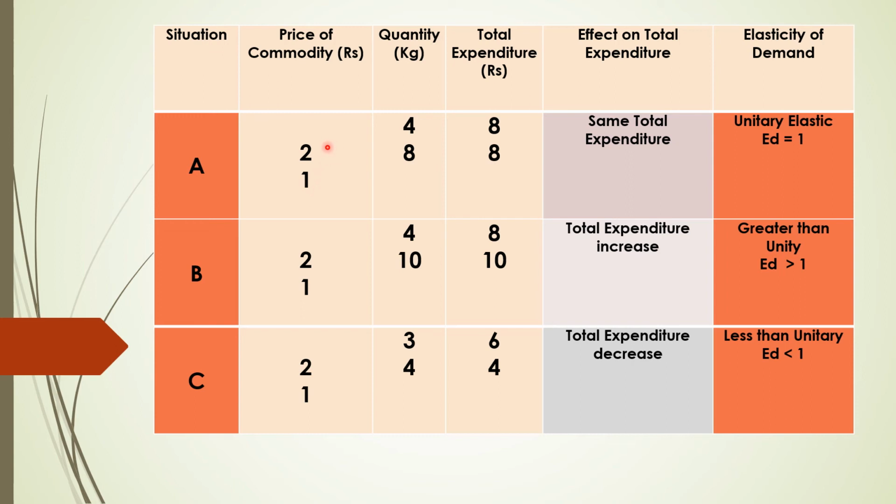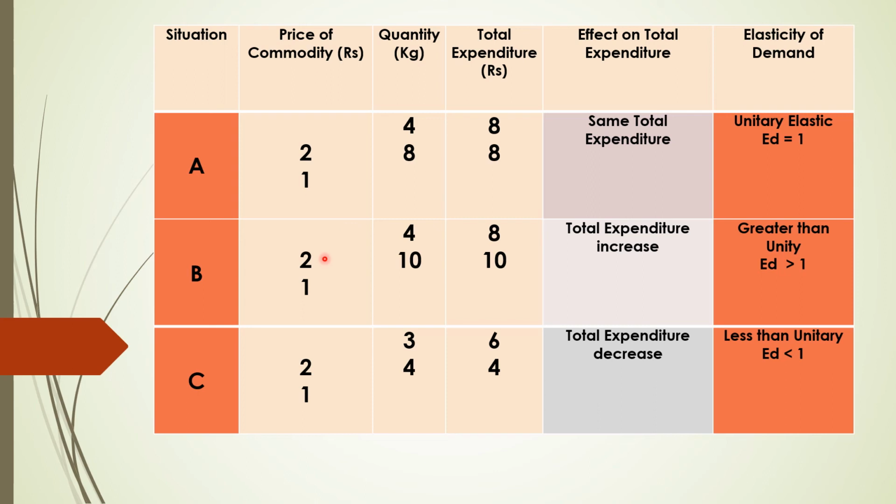When the price is decreasing from 2 rupees to 1 rupee or increasing from 1 rupee to 2 rupees, total expenditure remains constant. Total expenditure remains the same. So this is termed as unitary elastic demand, ED equal to 1. Clear? When the price is increasing or decreasing, total expenditure remains constant or the same. This is termed as unitary elastic demand, ED equal to 1.